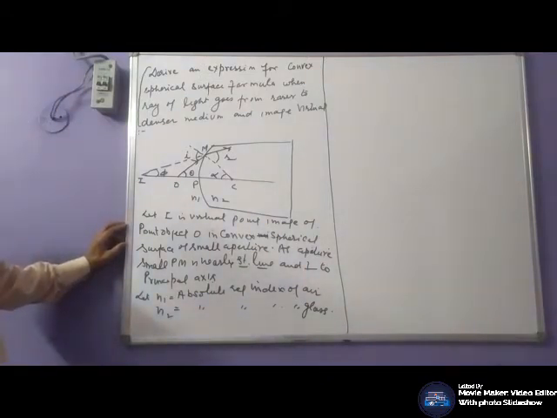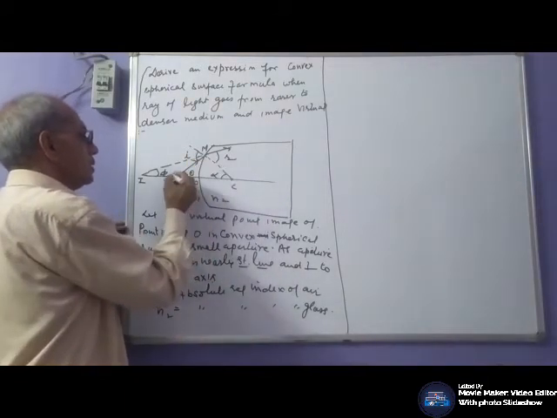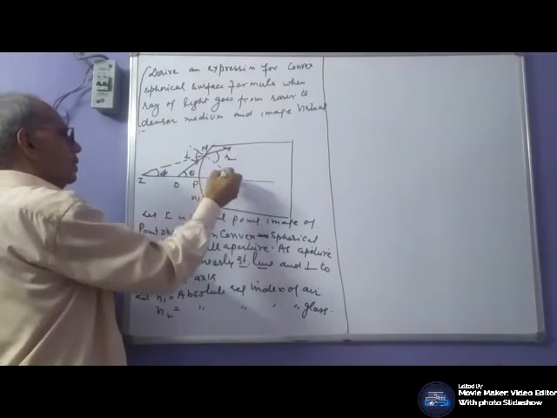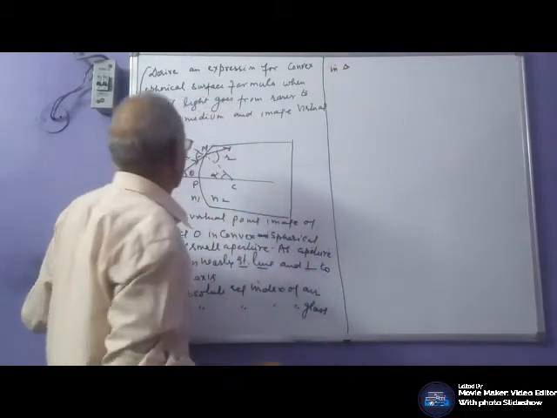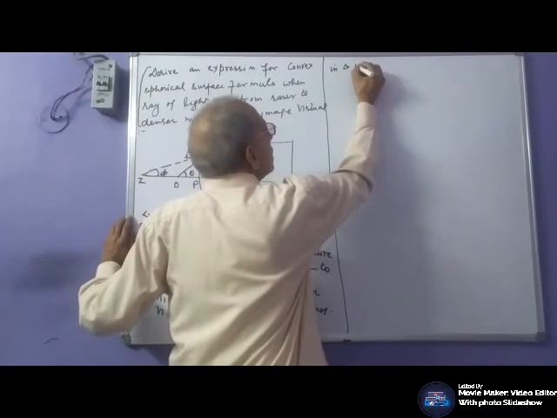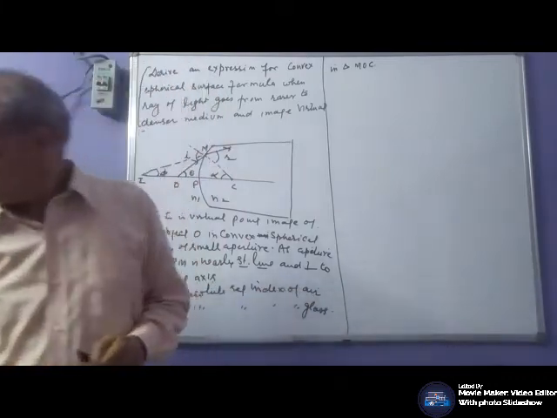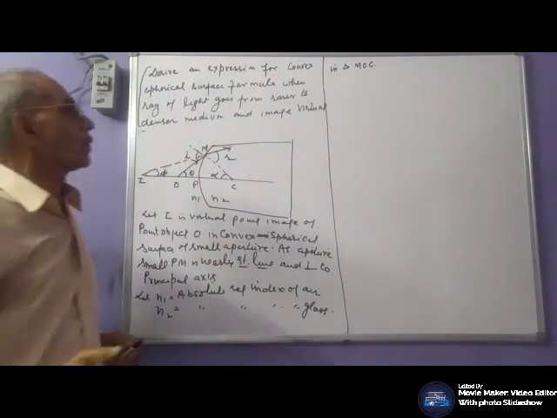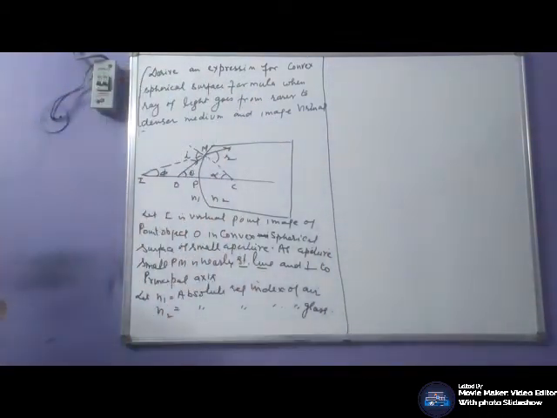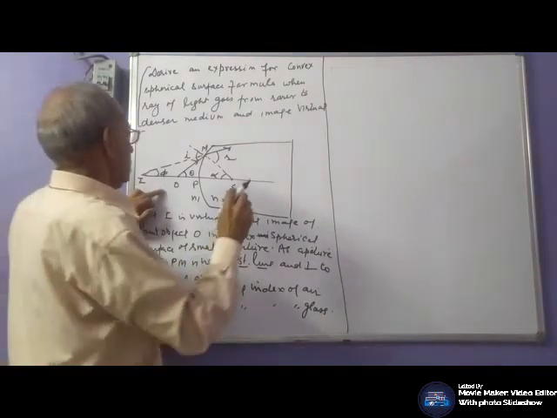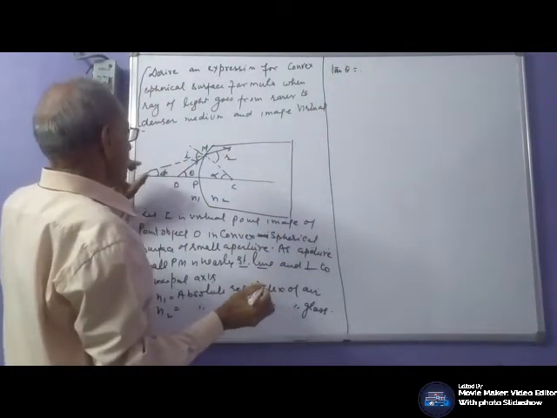I is external angle of this triangle, in triangle MOC. Tan theta is PM by PO.